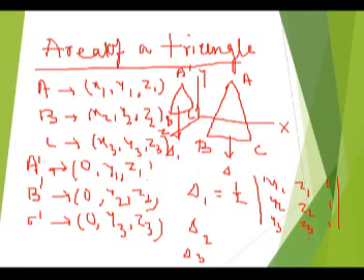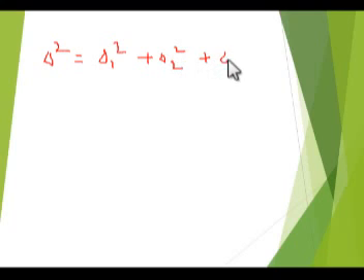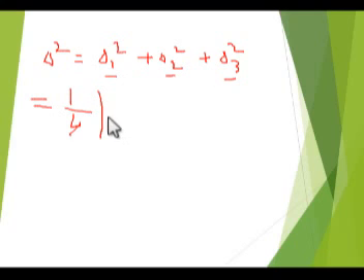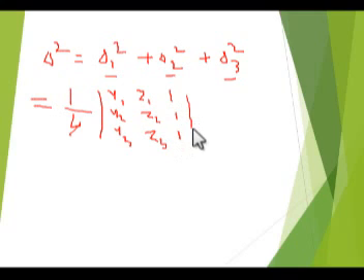Now if we use this in the former result, where delta square is equal to delta 1 square plus delta 2 square plus delta 3 square, and put in these values of delta 1, delta 2, delta 3, we will get 1 by 4 times the determinant of y1 y2 y3, z1 z2 z3, 1 1 1, squared.